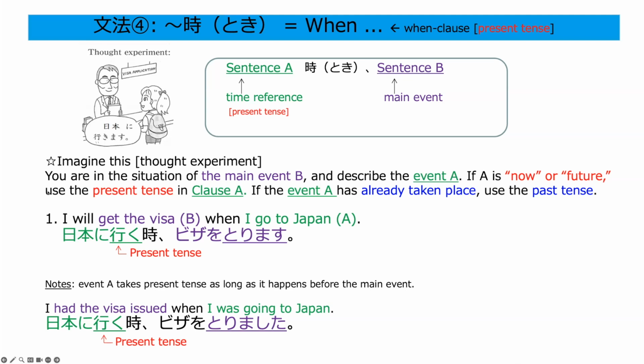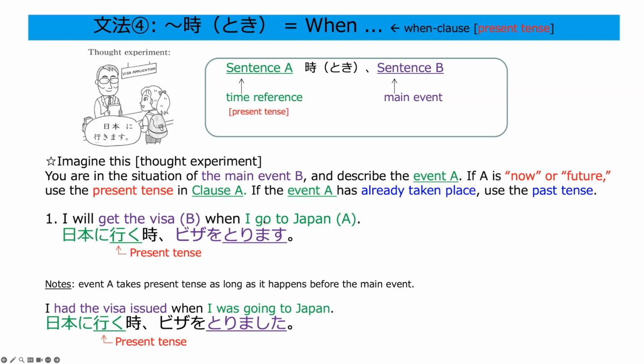So let's do this as the thought experiment. So imagine you are Mary-san. You are supposed to imagine you are in the situation of main event B. So imagine you are getting a visa right now as Mary-san. Getting a visa. From this point, imagine the when clause action, going to Japan, right? 日本に行く.